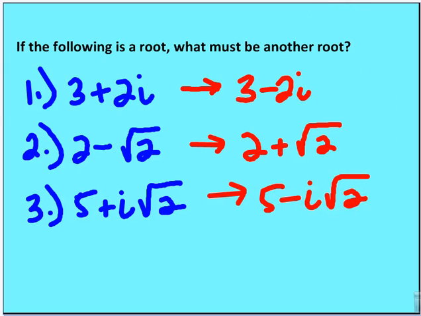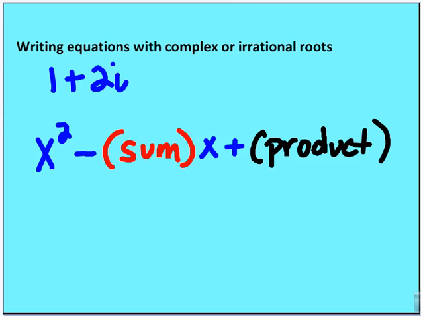All right, so what does that mean in terms of these roots ending up as factors in a polynomial? Well, the problem is that if 1 plus 2i is a root, then we know that 1 minus 2i is a root.